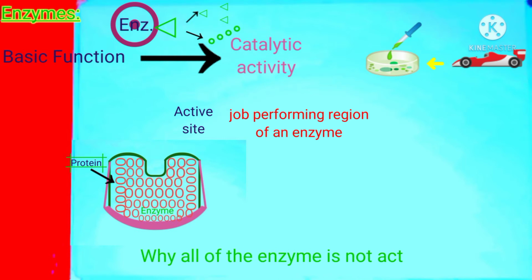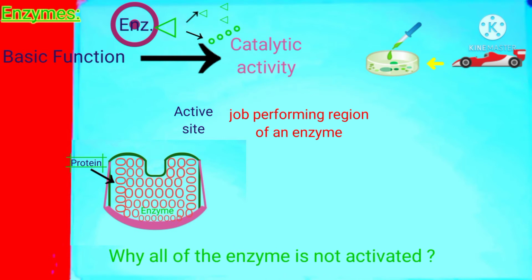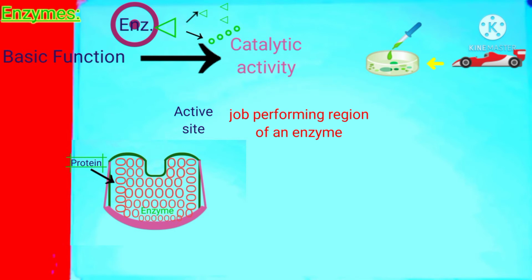Students, why is the whole enzyme not active? The answer is that chemical reactions cannot happen throughout the whole enzyme. So the complete enzyme has only one place at which metabolism is occurring, which is the active site. So this place is the active site of an enzyme.